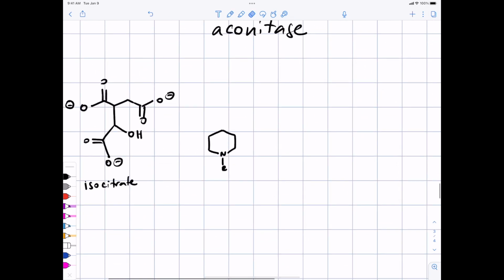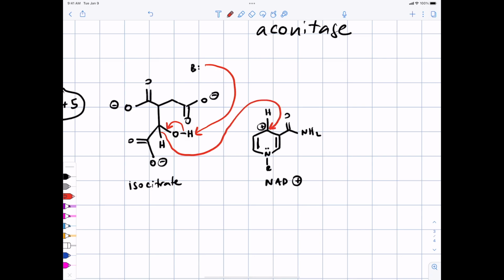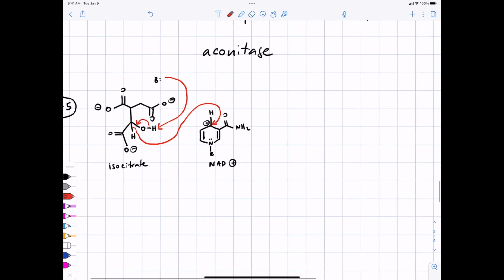I'll draw it in a particular resonance structure that makes it a little bit clearer where the hydride ends up. All right, a base, probably from the enzyme, removes that proton. Electrons kick down to make the ketone. Hydride has to leave. It doesn't really leave. It just gets delivered straight to that electrophilic carbon of NAD plus, making NADH.